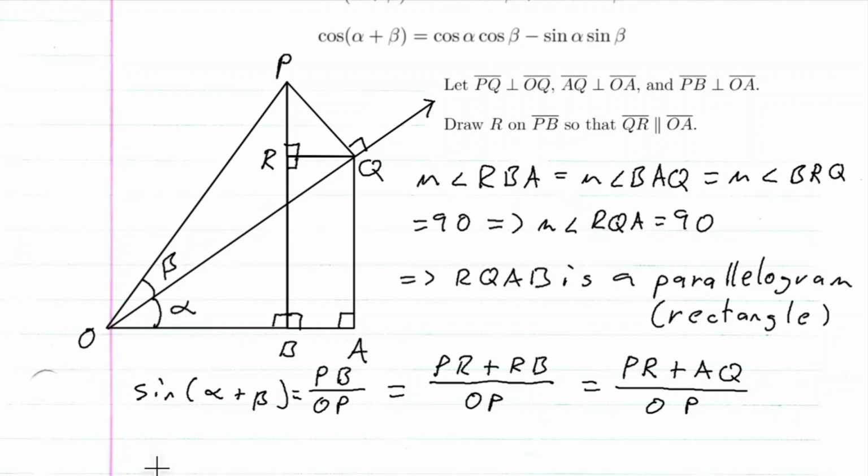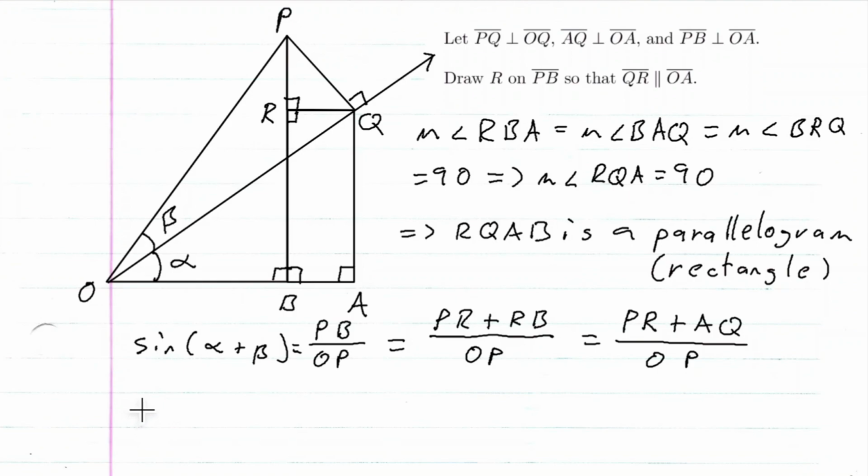Let's also look at what cosine of alpha plus beta would be. Cosine of alpha plus beta would be OB, adjacent over hypotenuse, which is OP.